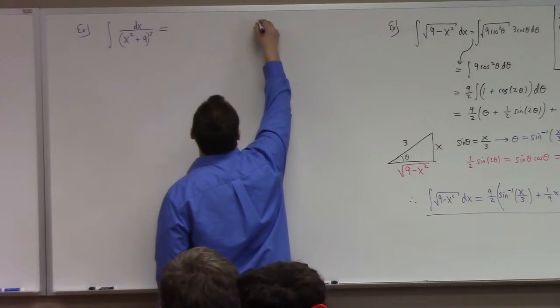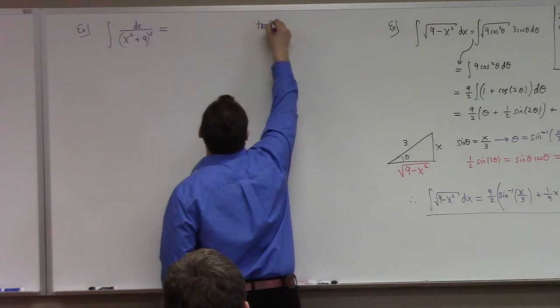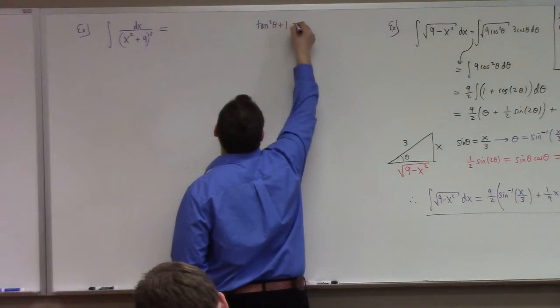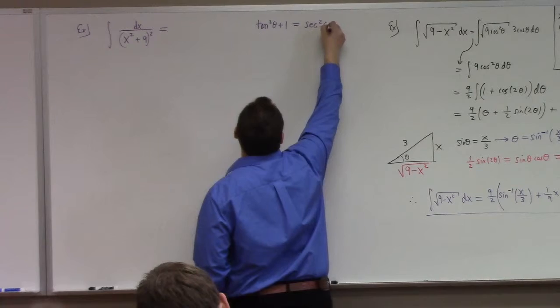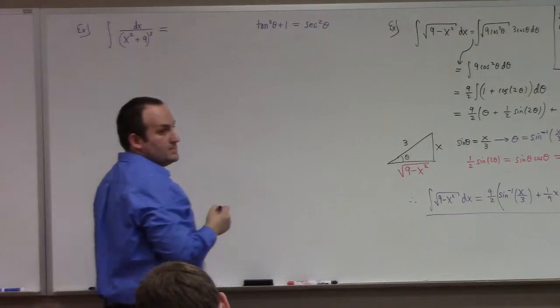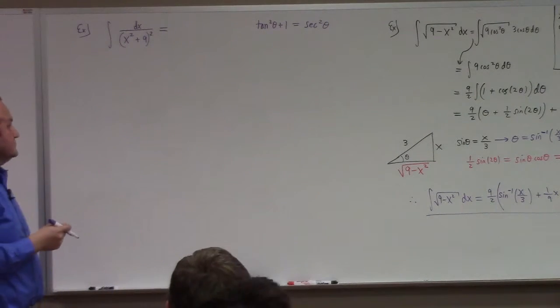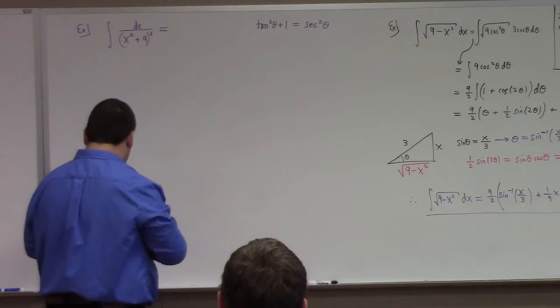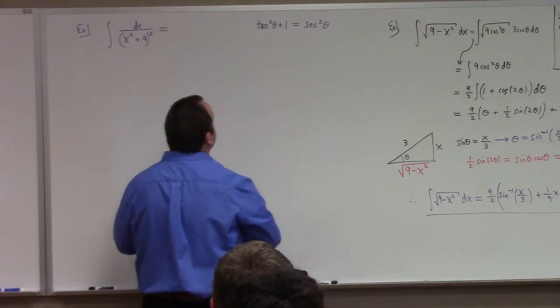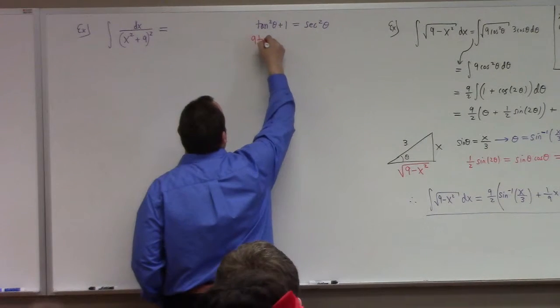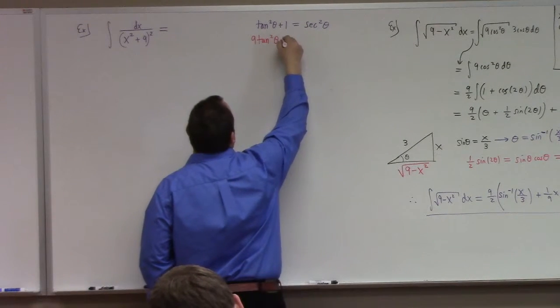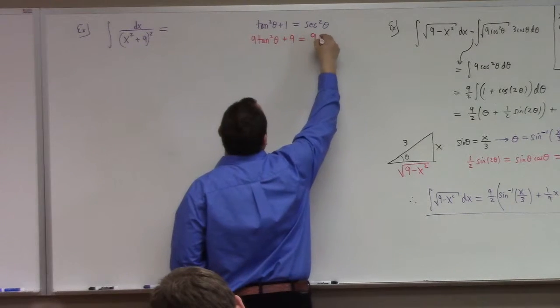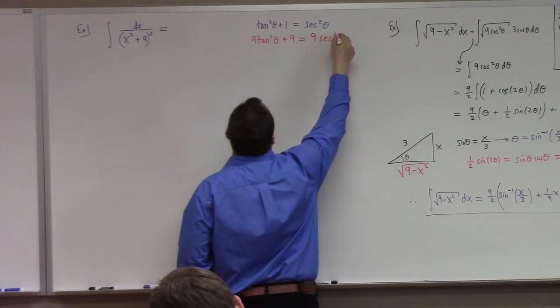It was tangent squared theta plus 1 equals secant squared theta, right? You know it. You love it. So if we multiply this by 9, it gives us an idea. So 9 tangent squared theta plus 9 is equal to 9 secant squared theta.